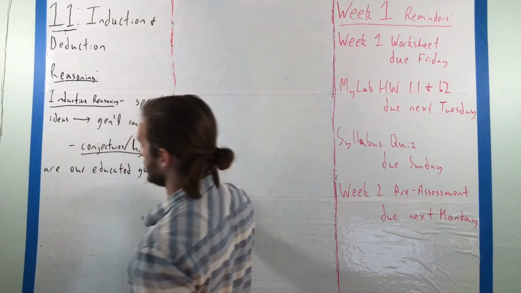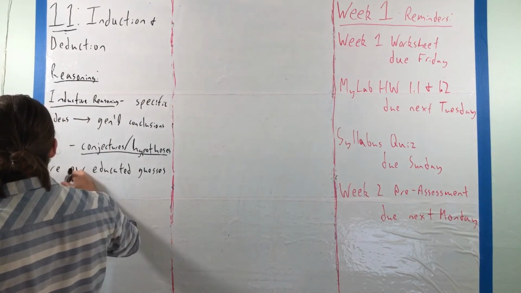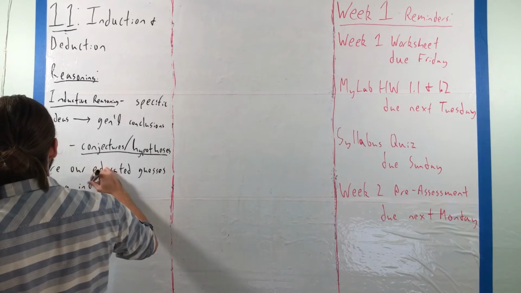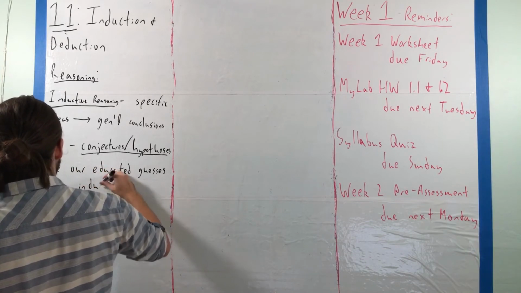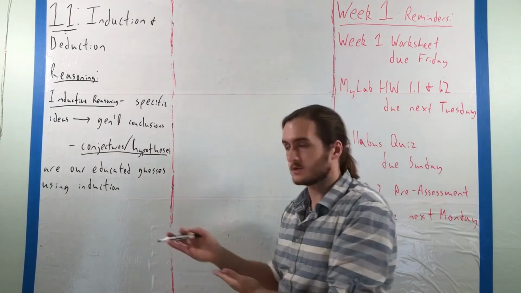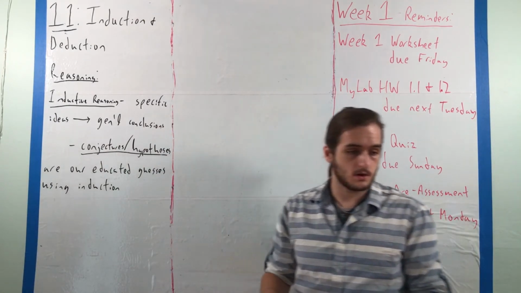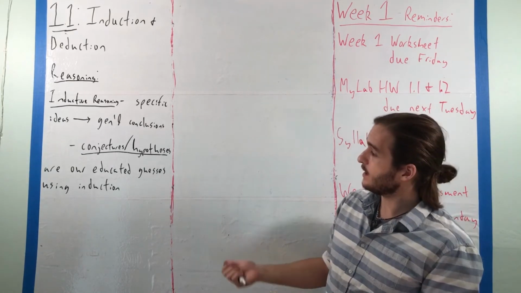And specifically, they're the educated guesses that we get using inductive reasoning, induction. They're the general conclusions that we draw from our specific evidence that we sort of build our way up to.